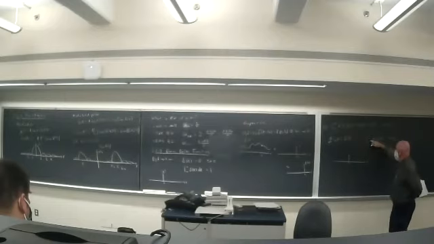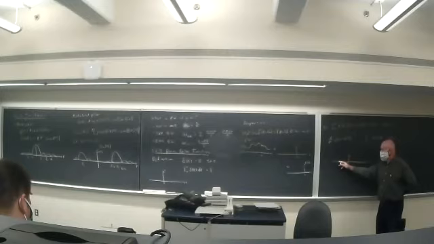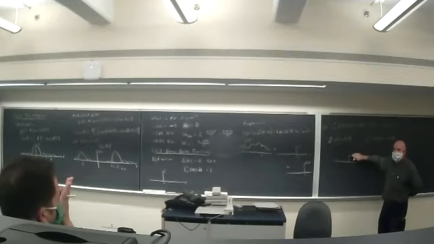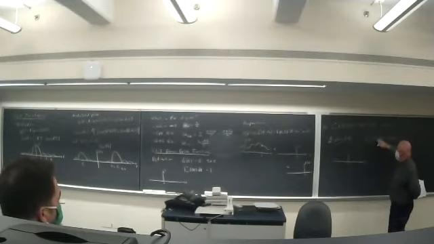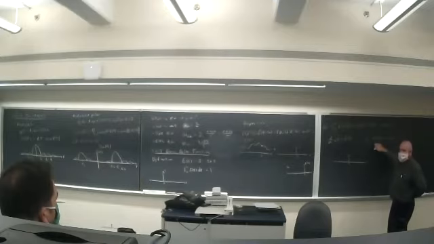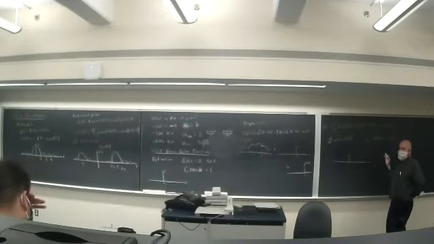I'm integrating from minus infinity to t. As long as t is less than 0, I integrate over nothing, I get 0. But as soon as t gets to be greater than 0, I get 1. So the result is 0 for t less than 0, but 1 for t greater than 0. That's the unit step. So this is called a running integral. It's a function of the upper limit.